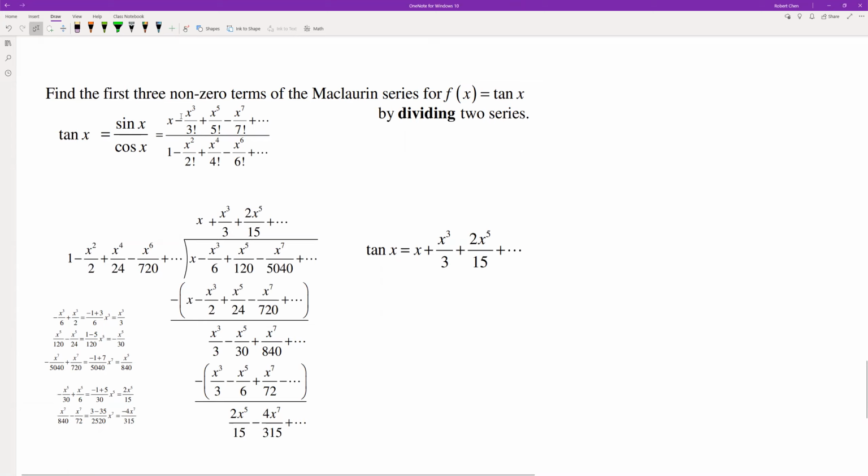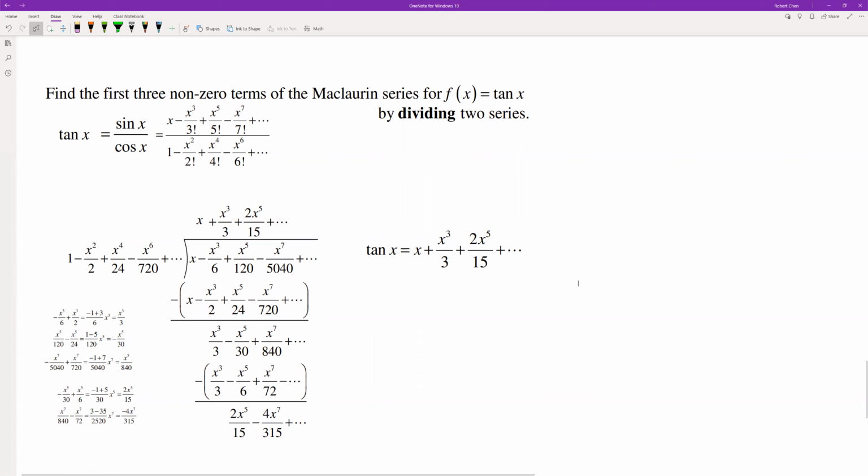Specifically, the degree of sine is more than the degree of cosine. Of course, with infinite power, it's not going to matter too much. Then we can go ahead and do long division, and we'll get the resulting polynomial, which is going to be the power series or the Maclaurin series for tangent. Just something interesting to look at.